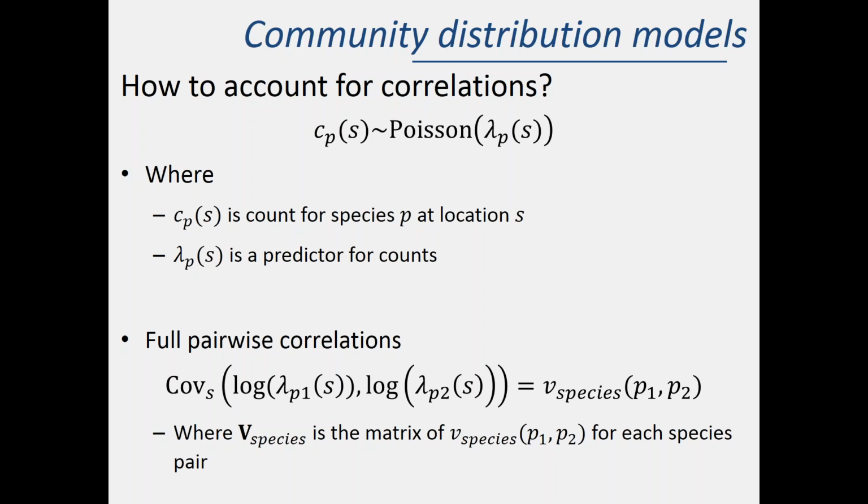So C_PS is the count of species P at location S, and it's Poisson distributed with intensity lambda for species P at location S. Lambda has to be a positive real number, so the log goes from negative infinity to infinity, and the covariance across space for lambda of species P1 and lambda of species P2 has some covariance V, where the full matrix of covariance, capital V, is the covariance among species.